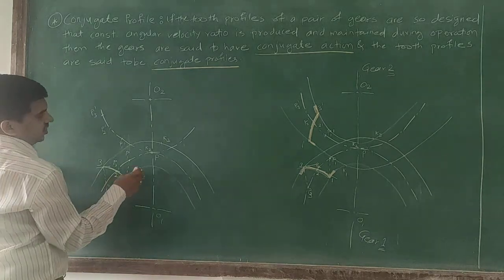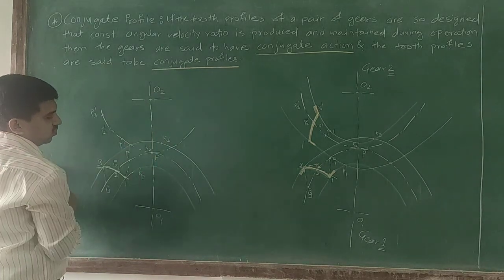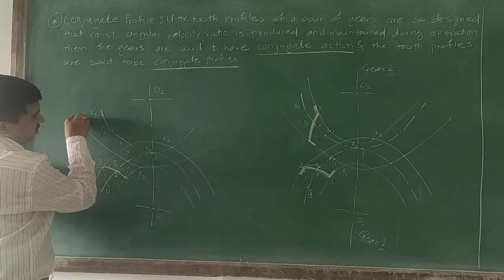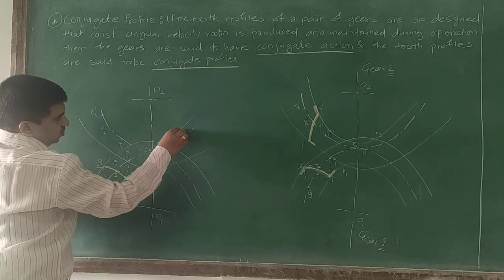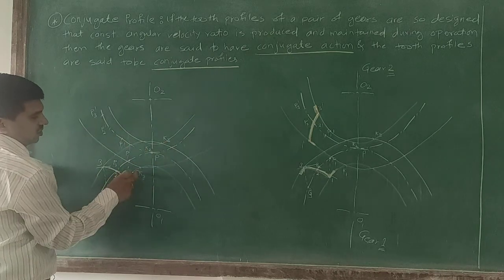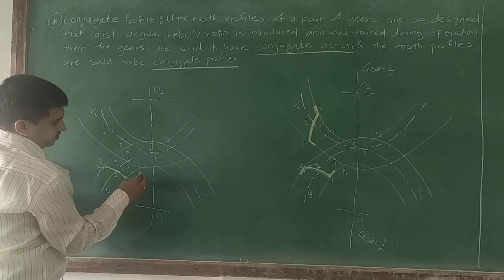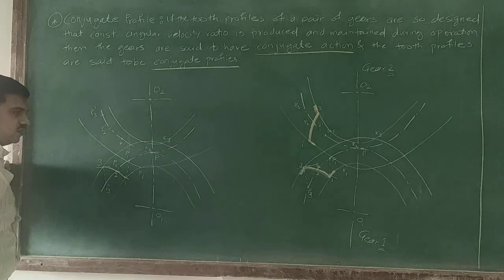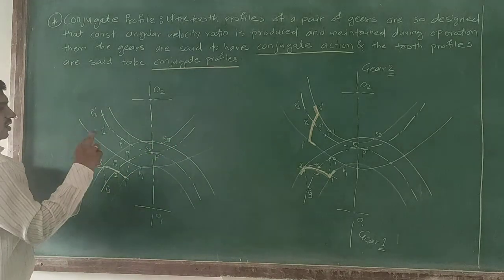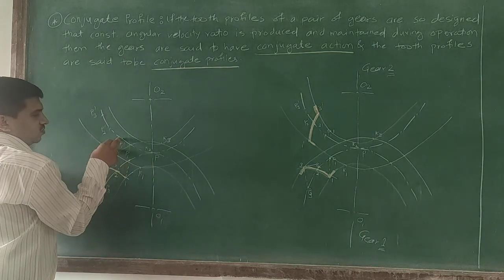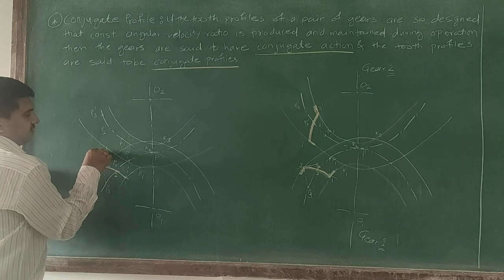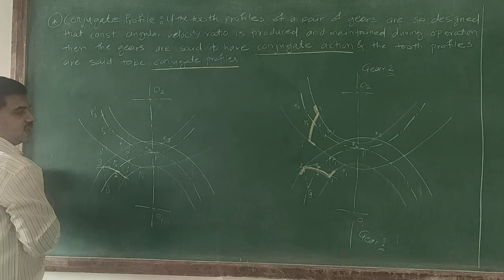Then we had drawn an arc considering O2 as center and radius equal to O2K3. Then the same with O2K1. Now a distance of P to K1, like this, and here we have got point 1 dash.